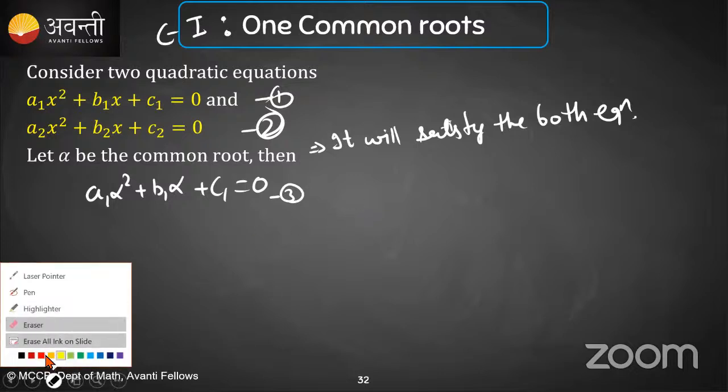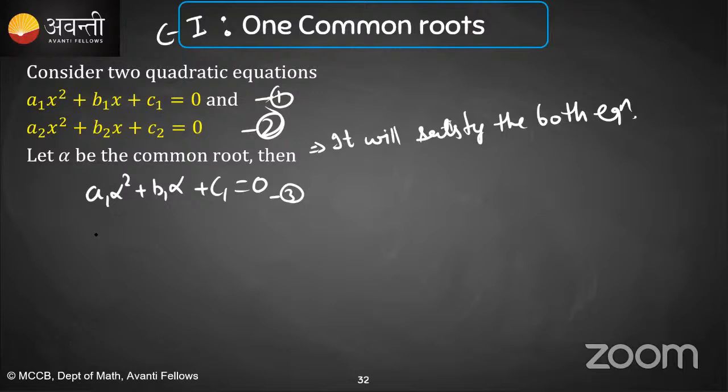Everybody pay attention now. The second is a2 alpha square plus b2 alpha plus c2 is equal to 0, right? Let's call this equation 4. In equation 3 and equation 4, let's treat alpha square as a separate quantity and alpha as a separate quantity. Using the elimination method, how do you solve this?